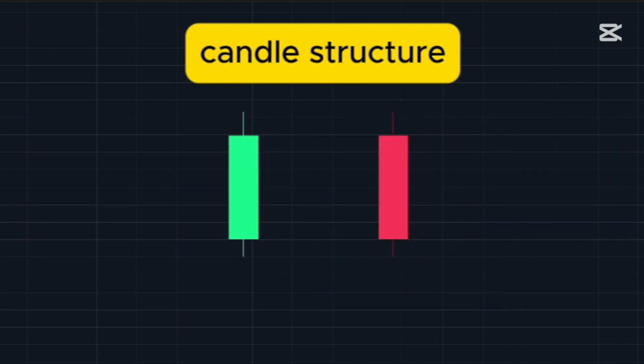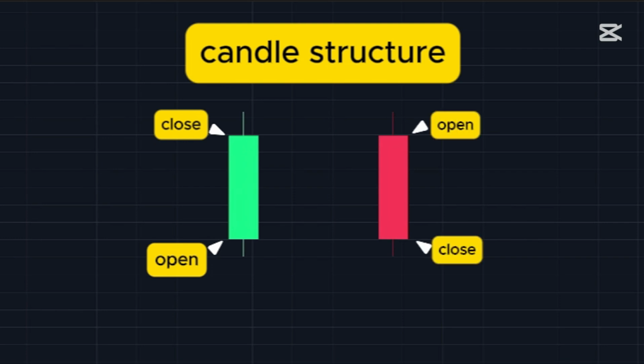However, for the candle body, everything is a little different. On a green candlestick, the bottom of the candle body shows the opening price for that period, and the top shows the closing price. For a red candle, it is the opposite. The top shows the opening price, and the bottom shows the closing price.